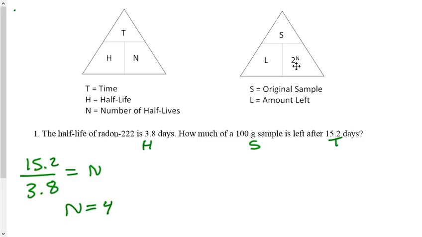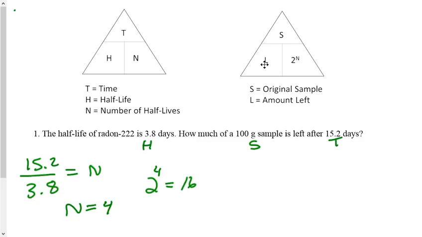Okay, we're going to need 2 to the nth in order to figure out this S and L relationship. So I'm going to take 2 and raise it to the power of 4. That means 2 times 2 times 2 times 2, and we know that equals 16. Okay, now S is given.